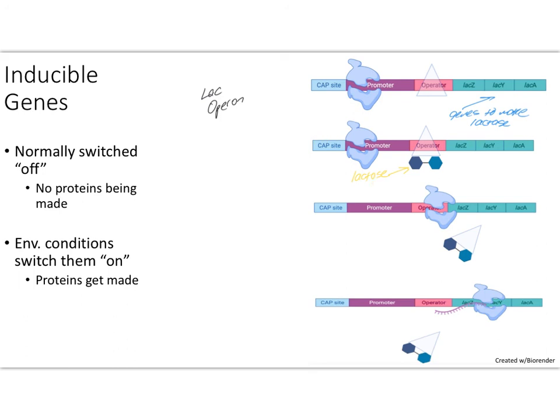But if lactose is available, lactose can bind to the repressor and cause it to fall off. The RNA polymerase will move forward, it will reach the structural genes, and it will create lactase, which is the enzyme that is needed to break down lactose, and the bacterium now has an additional source of energy to create ATP.